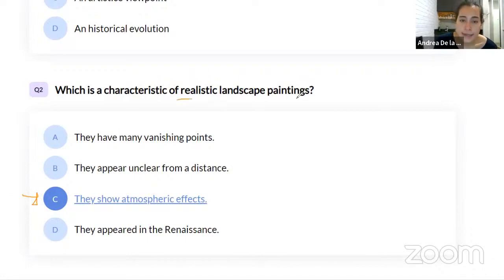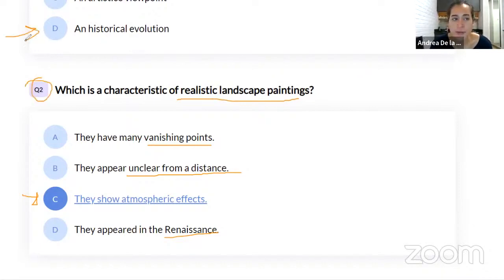I know that realistic landscape paintings weren't mentioned when we talked about vanishing points. And clear from a distance, that was about linear perspective, right? I have distance in linear perspective. Renaissance art was later in the lecture about the history of perspective. So two things here. If we understand the order, we know that aerial perspective was the first thing mentioned.